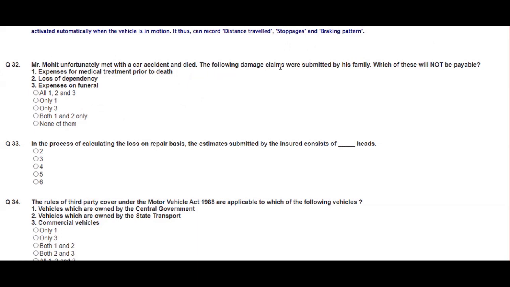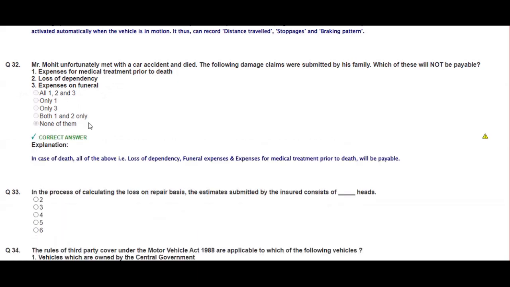The following damages claims were submitted by the family. Which of them will not be payable? None of the above, I think, because expenses of medical treatment prior to death will be covered. Legal and disciplinary expenses will be covered. Expenses of funeral are covered.